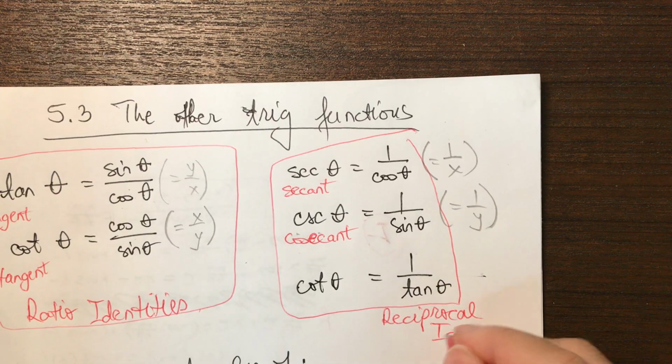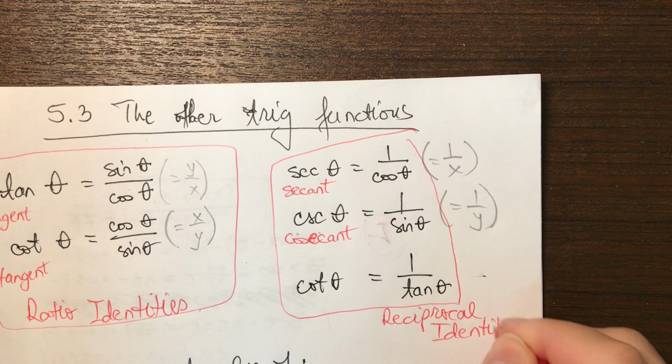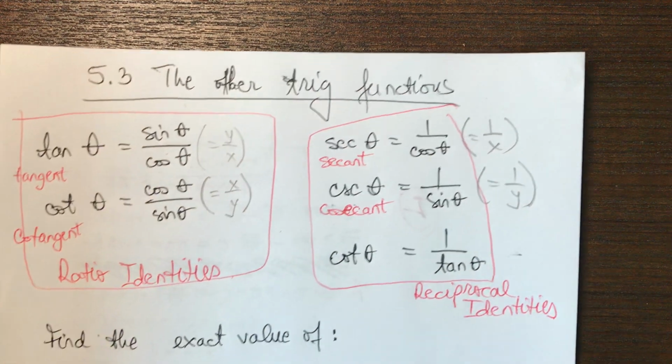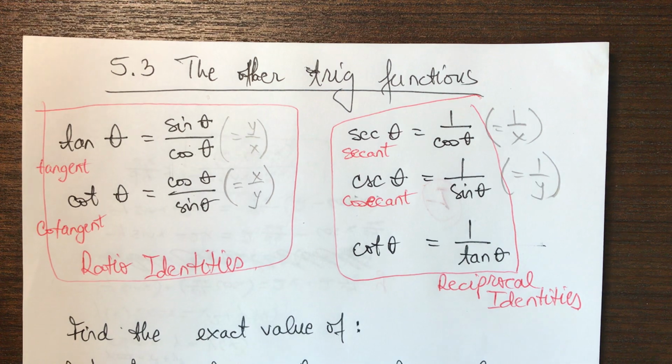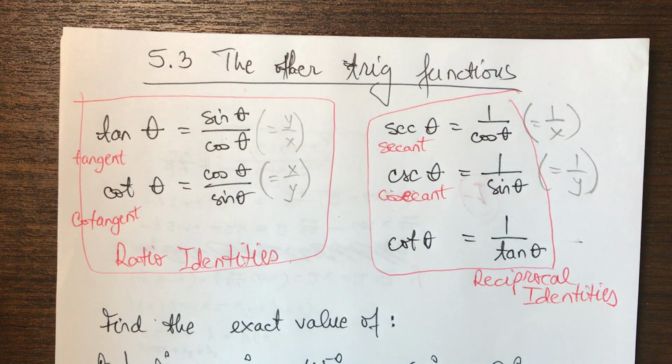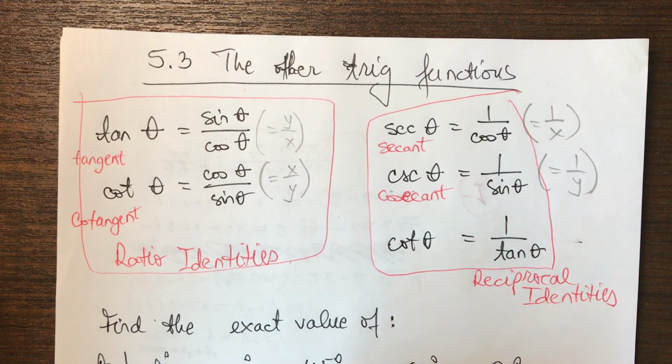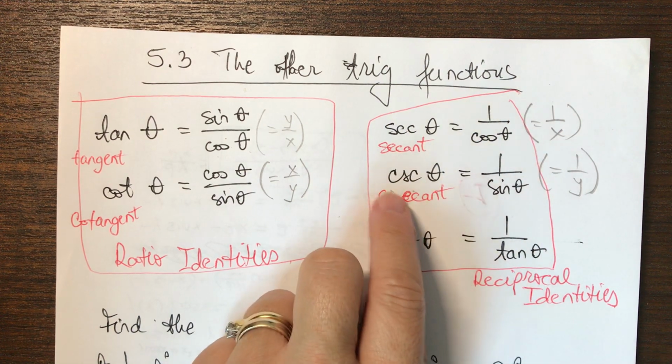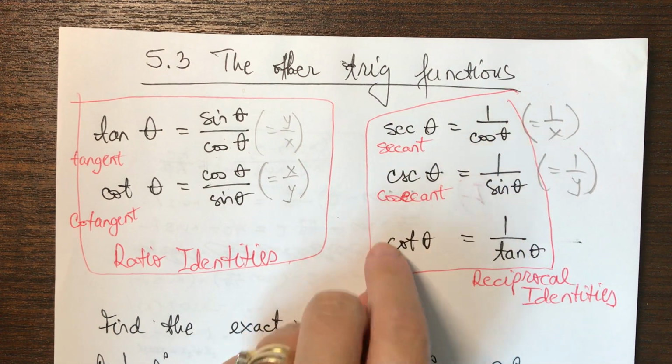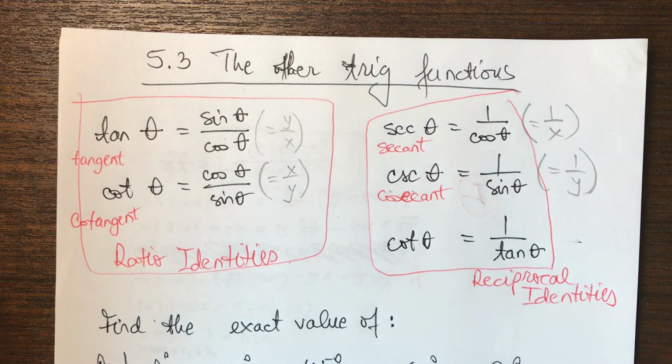And they're going to be coming in handy very much. We're going to be using these formulas in this section quite a bit and moving on quite a bit more. So again, secant's the reciprocal of cosine, cosecant's the reciprocal of sine, cotangent's the reciprocal of tangent.